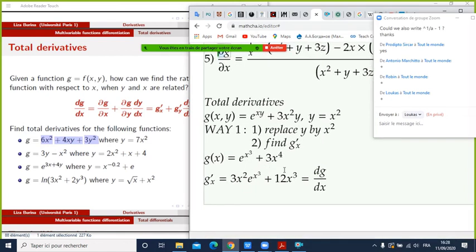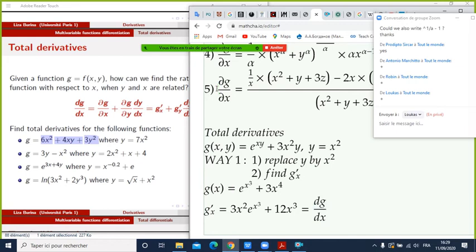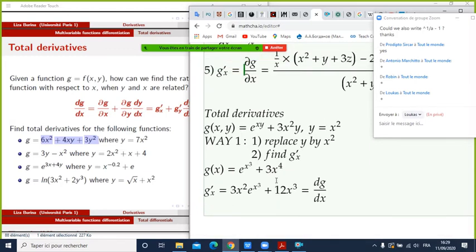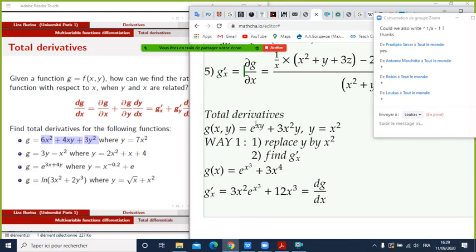And note that if we use my favorite g prime x, it will make no difference, because I can use g prime x for the total and I can use g prime x for partial. So just make sure that you don't use, for example, partial for total, or you don't use total, which is worse, for partial.